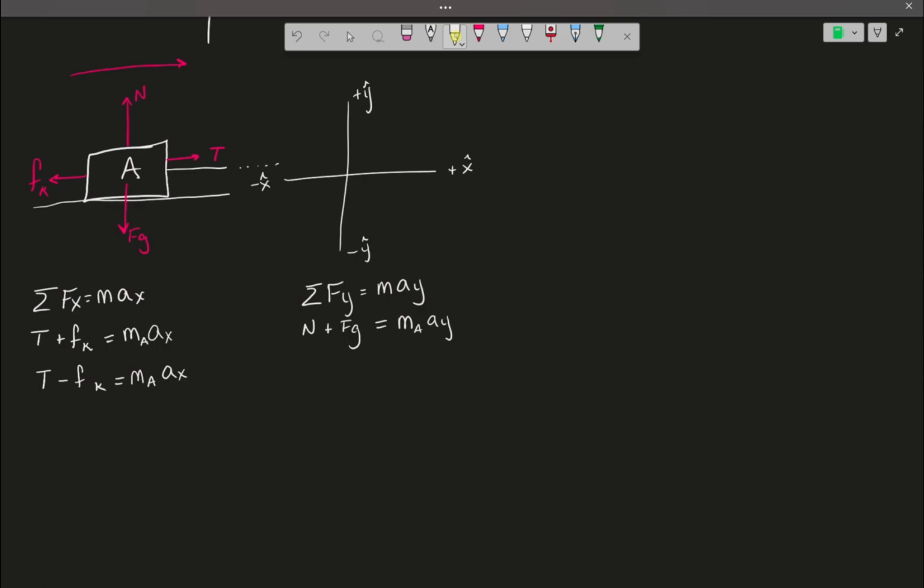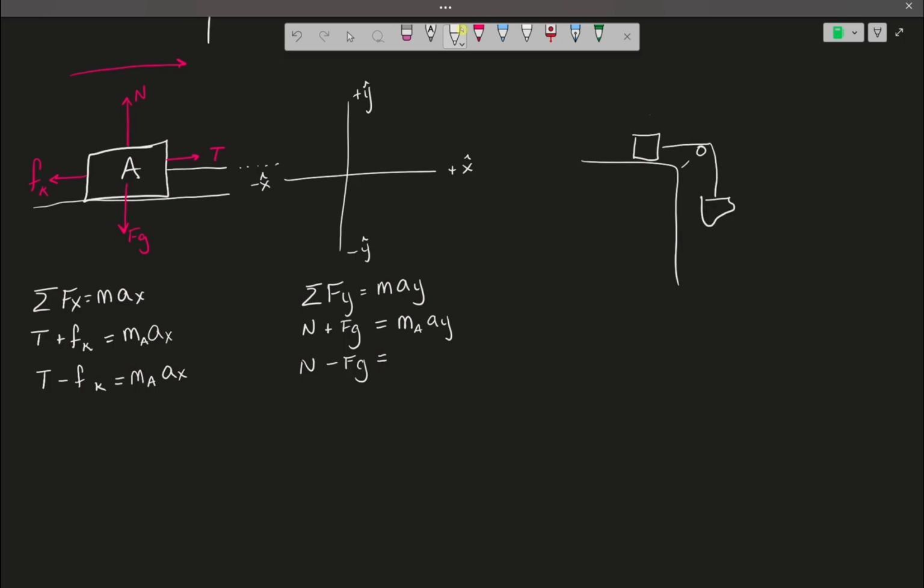For the y direction, my normal force is going in the positive y direction, my force of gravity is going in the negative y direction, and if this object were to move, we said that it was only going to move in the positive x direction, right? If this object starts to slide on our table, we have our table, these are connected with a rope.